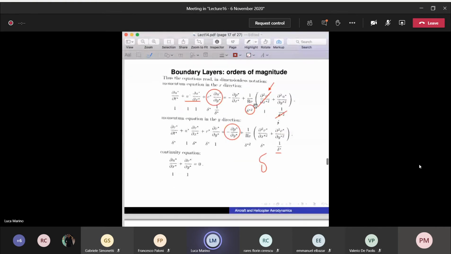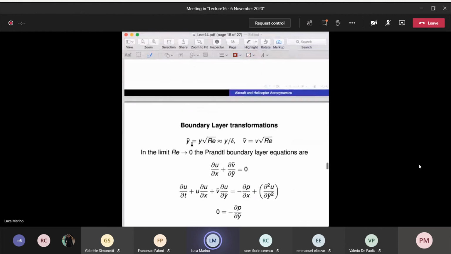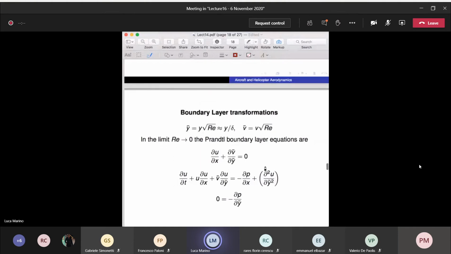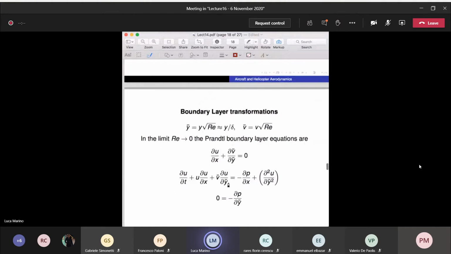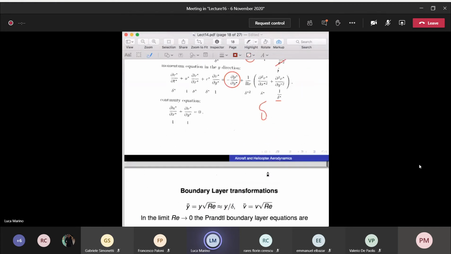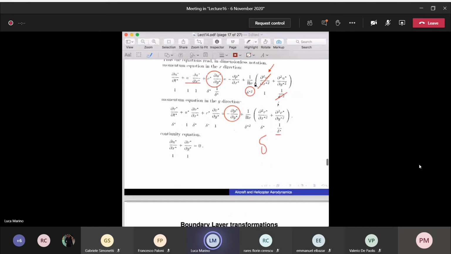Okay? So this slide describes that in particular we have 1 over Reynolds here. Okay, if we change the y from y to y hat, so the variable with the hat reported here, in this new variable, so the new y and the new v, the Reynolds number will disappear from this equation.